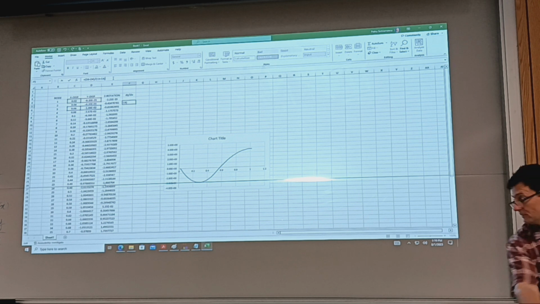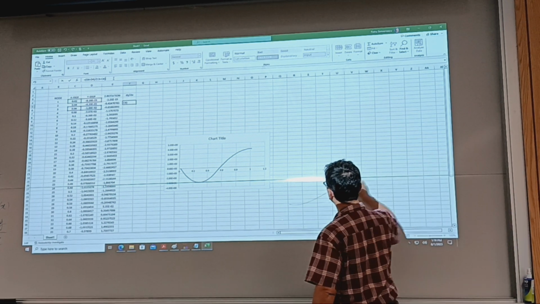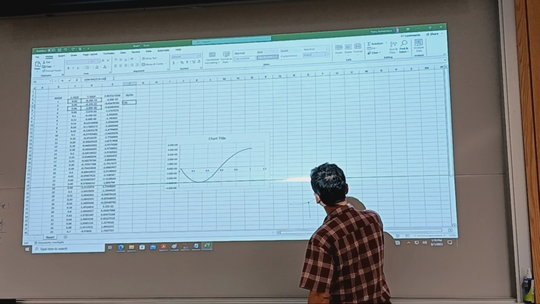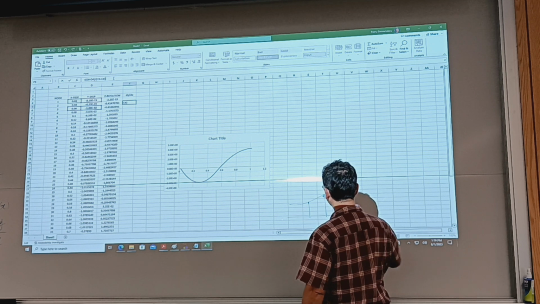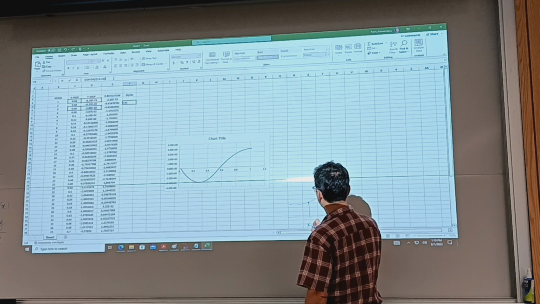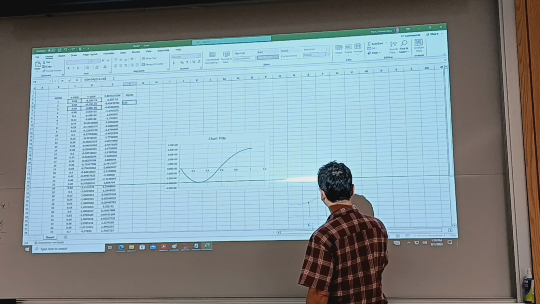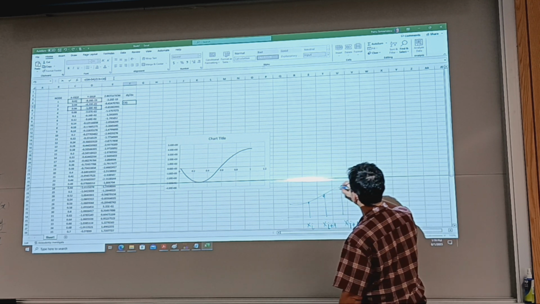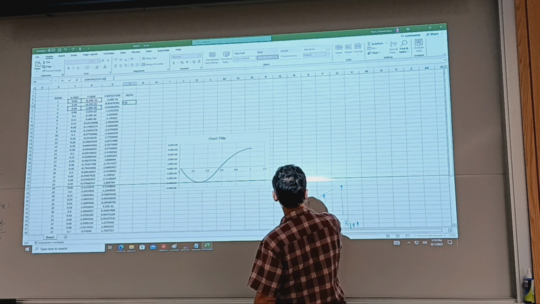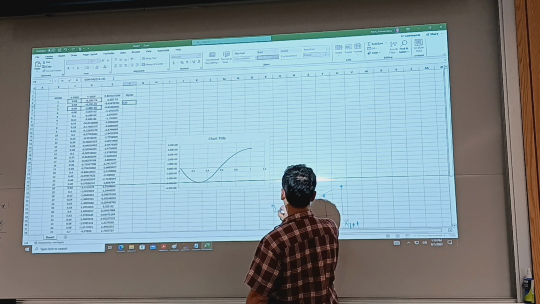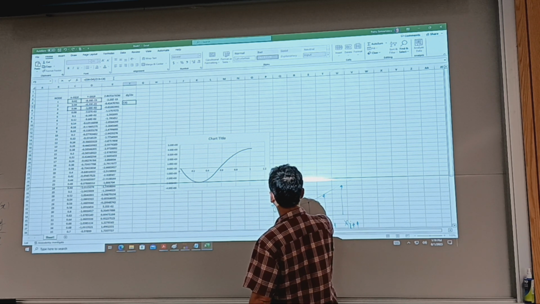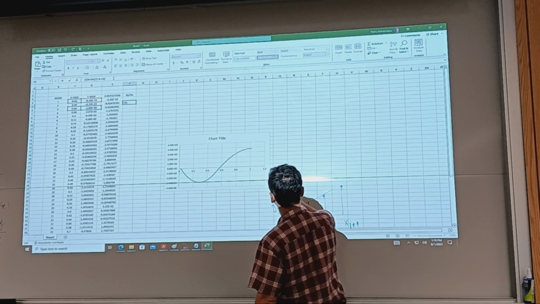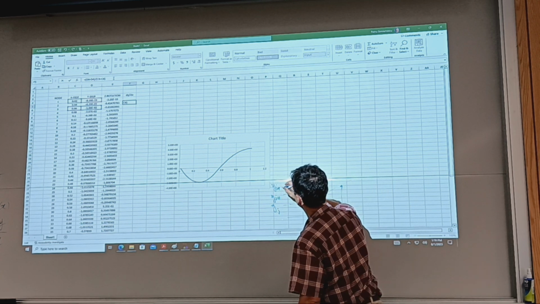So if you have on a graph, if you have 3 points, so there will be xi plus 1, xi plus 2. And this is y i plus 1, yi plus 2.